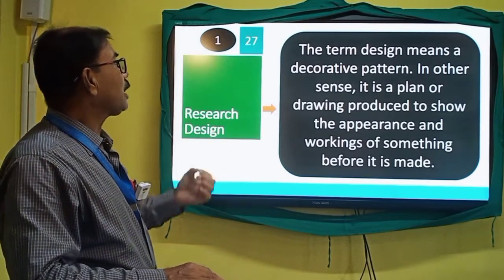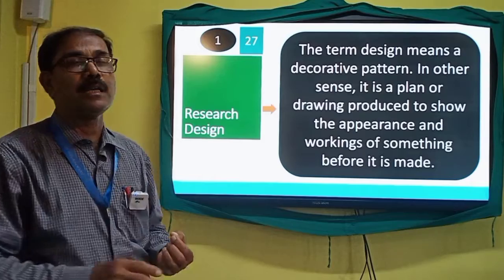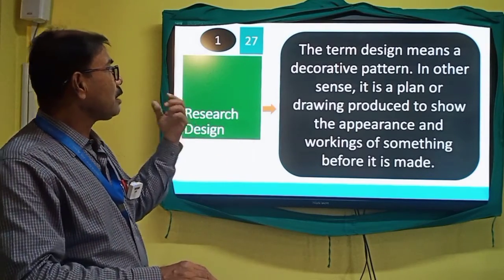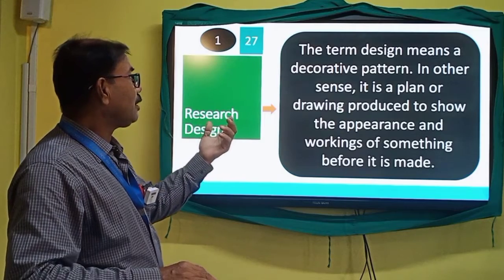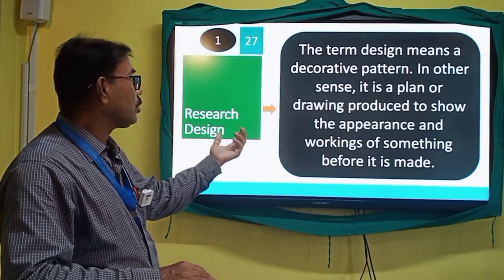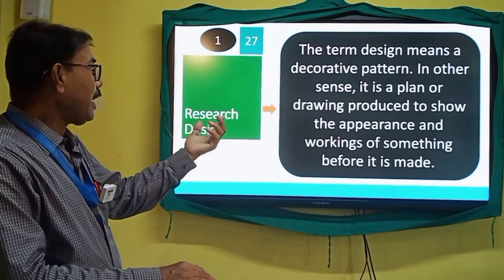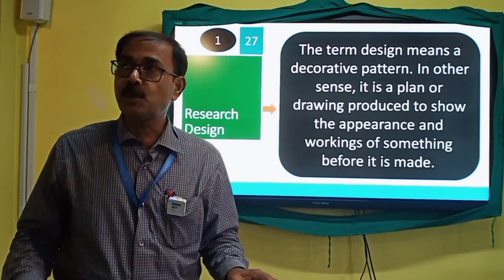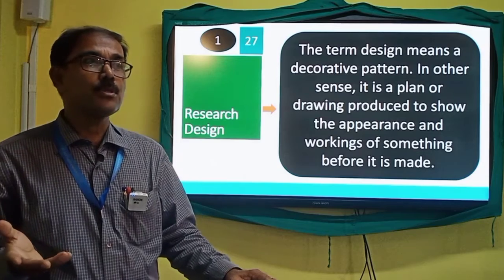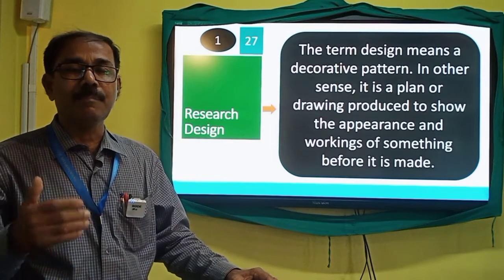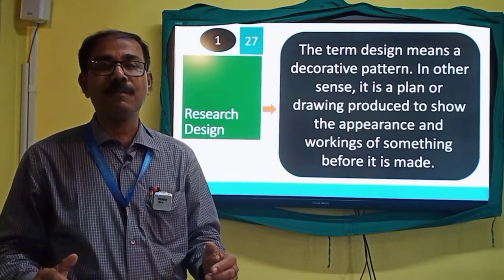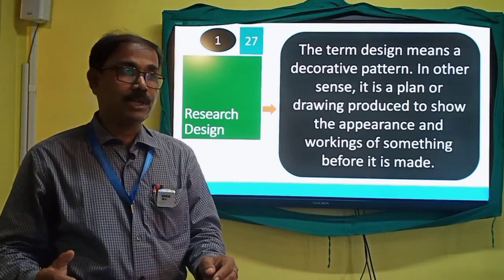Design basically means a decorative pattern, a drawing. In other sense, it is a plan or drawing produced to show the appearance and working of something before it is made. Suppose before building a house or building a building, you are to prepare the design with the help of the engineer or the architect.